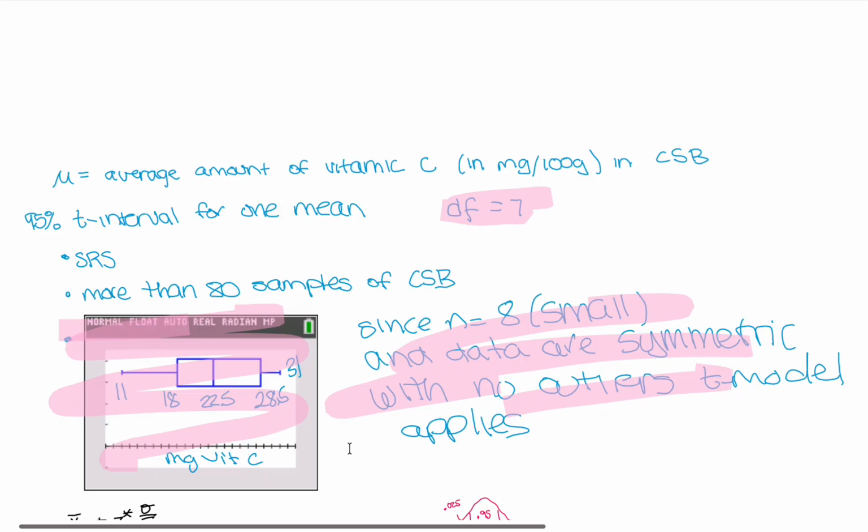And we're going to do some interpretation of this graph. Since n is 8, which is small, and the data are roughly symmetric, we can work with the t-model in this case. You can argue it to be a little bit skewed to the left.